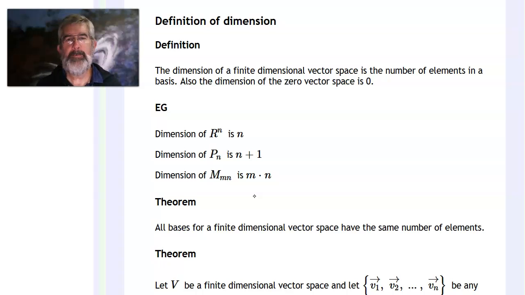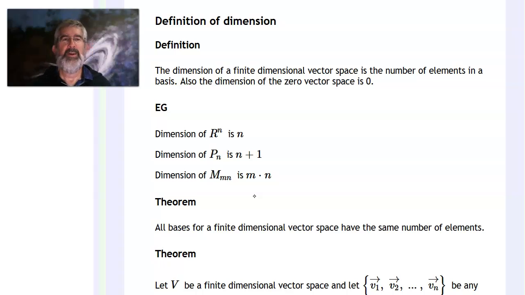Now, the problem with all of this is that nowhere have we ever decided that a vector space can have lots of different bases, but it's never been stated that they have the same number of things in them. You might have one basis with 5 elements and one basis with 17 elements. Which one do you pick for your dimension?